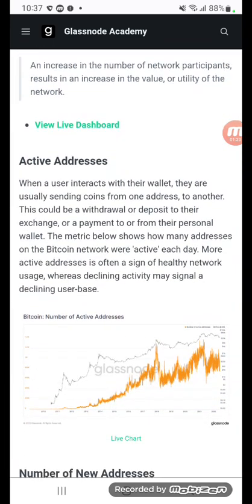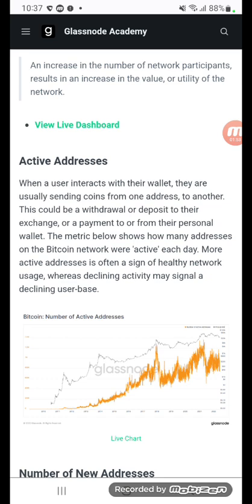When a user interacts with their wallet, they are usually sending coins from one address to another. This could be a withdrawal or deposit to an exchange, or a payment to or from their personal wallet. The metric below shows how many addresses on the Bitcoin network were active each day.